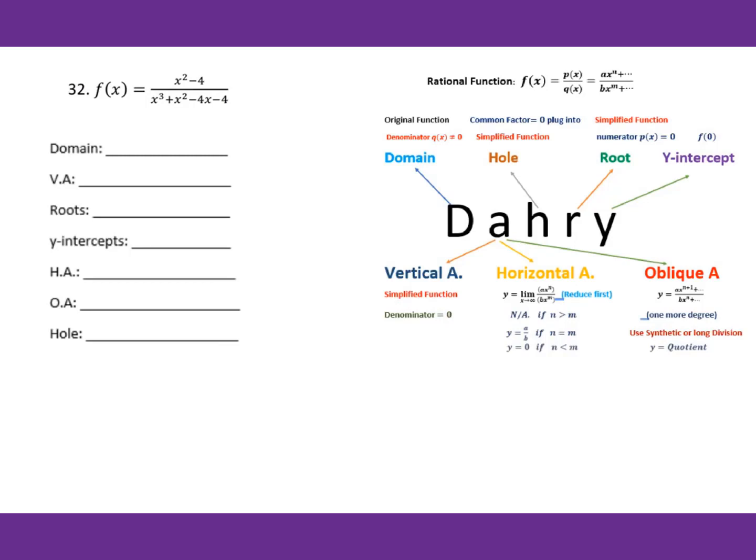Let's go to 32. First of all, we need to factor top and bottom. So we got x plus 2, x minus 2 for the factoring. Denominator, since we have 4 terms, we can do grouping.